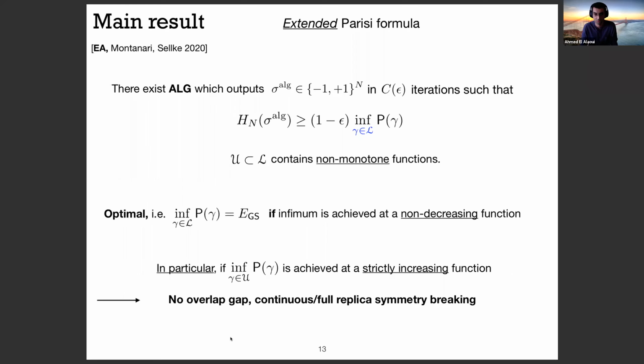So at least at 0 temperature, we say that the model has no overlap gap if, when you look at the infimum over all gammas in this space U of non-decreasing functions, the optimum is achieved at a strictly increasing function. This is also called, in physics, continuous or full replica symmetry breaking.